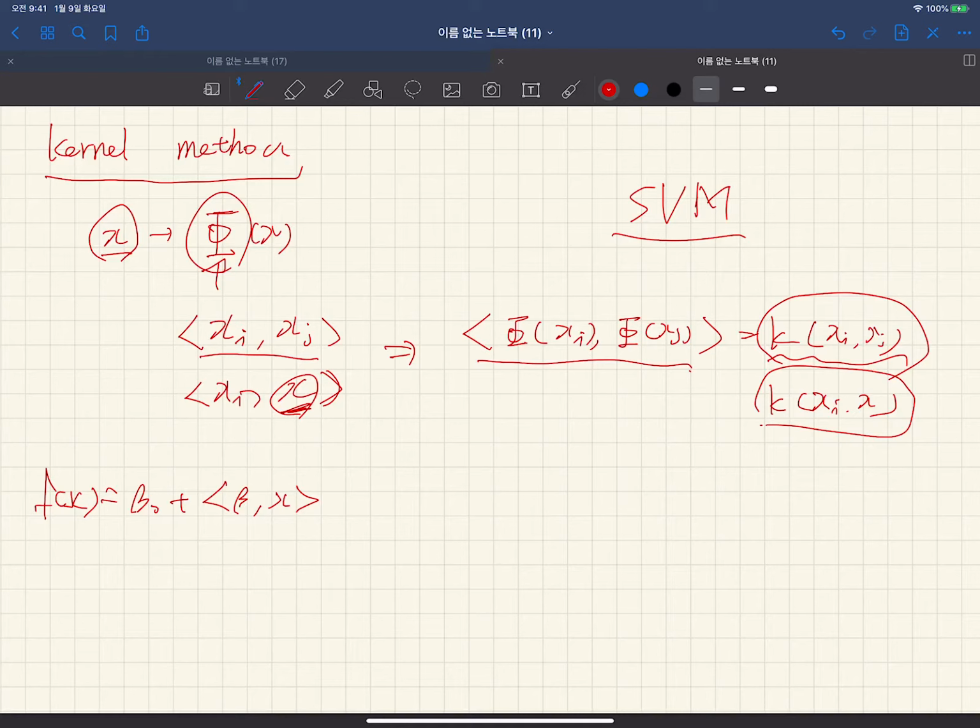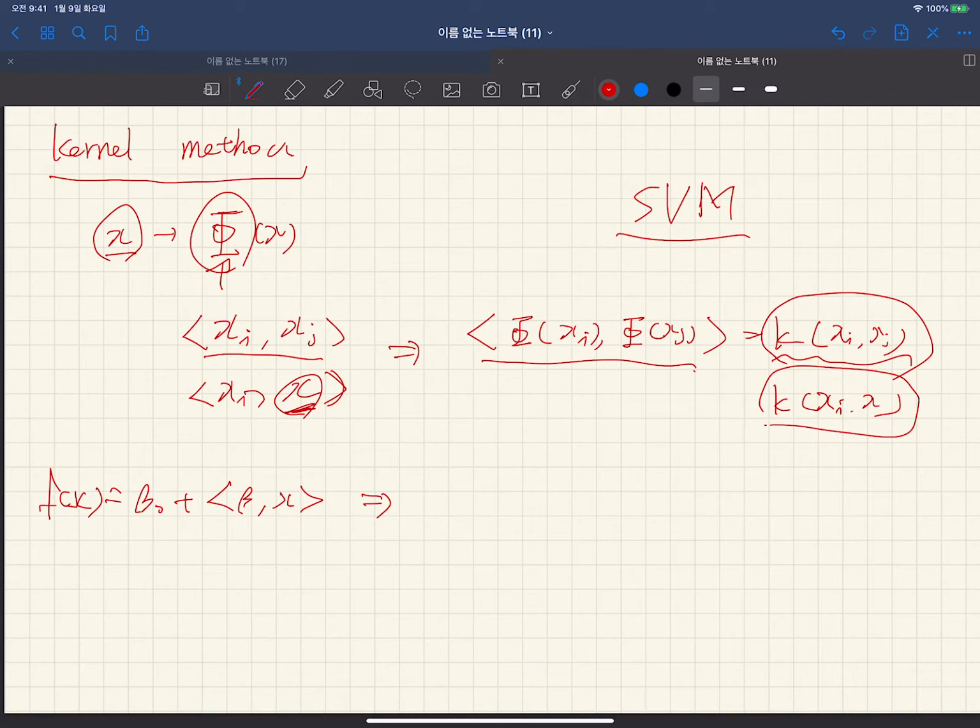From feature expansion, we can rewrite this as f0 plus an inner product with a parameter vector f that shares the same dimension as your φ function. So this is a new linear regression function using the feature expansion from the φ function.